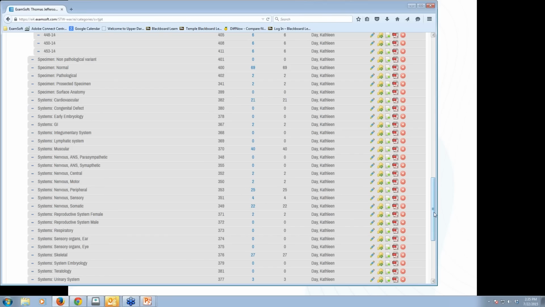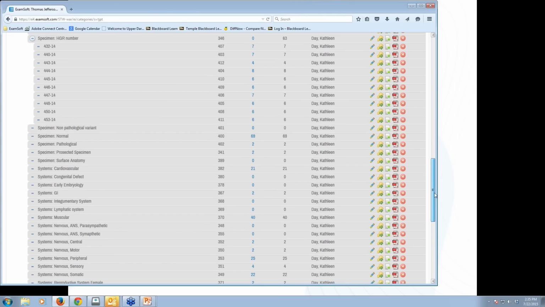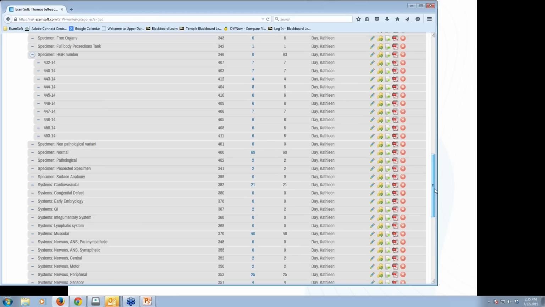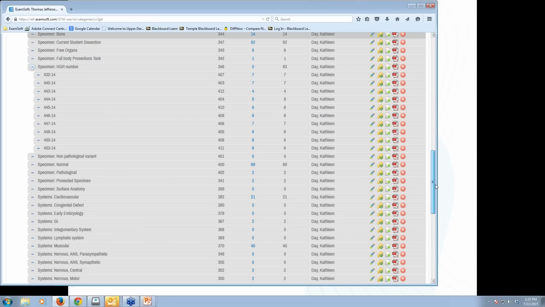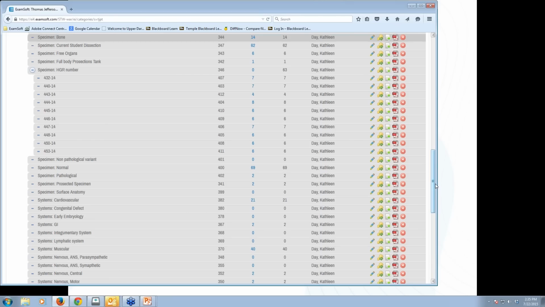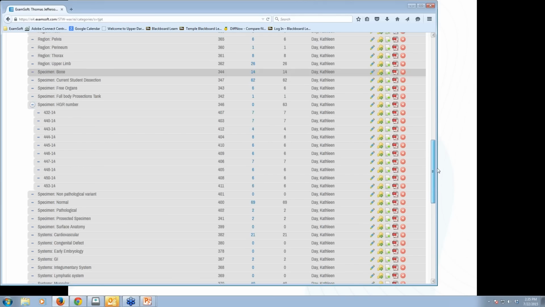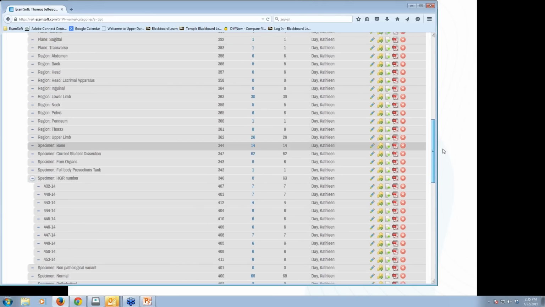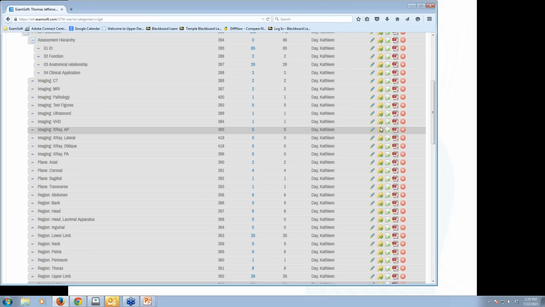Then we really expanded with this concept of not only tracking the question to find it and, in a very pragmatic way, add it to the exam, but then see the performance of the question and do our best to hold these other variables, not that we can hold them constant, but we can certainly look at trends, particularly based on the HGR number, and take a look at trends over time to see if specimens are degrading, or if a question is not performing based on that particular item.